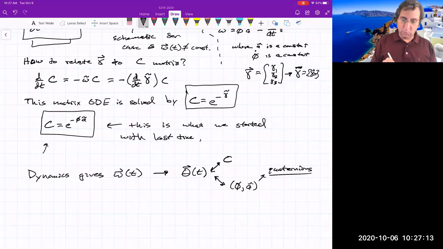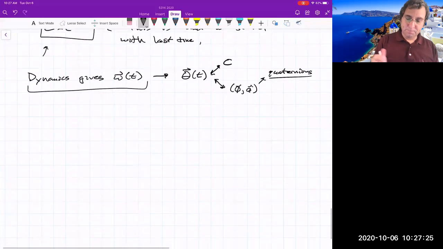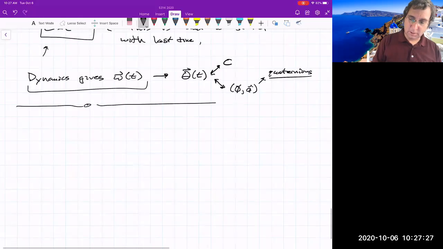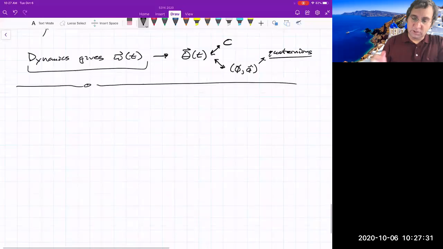Okay. Now we need to go back to, how do we get the dynamics in the first place? In general, it'll be something that you solve numerically once you've set things up properly. So we're going to talk about the simplest case. What do I want you to do right now?